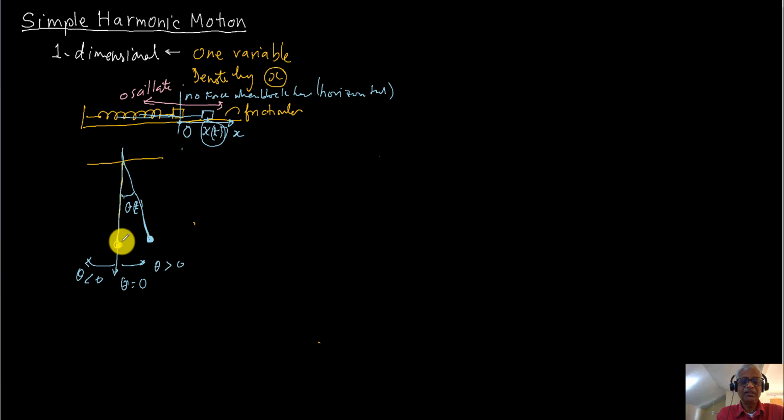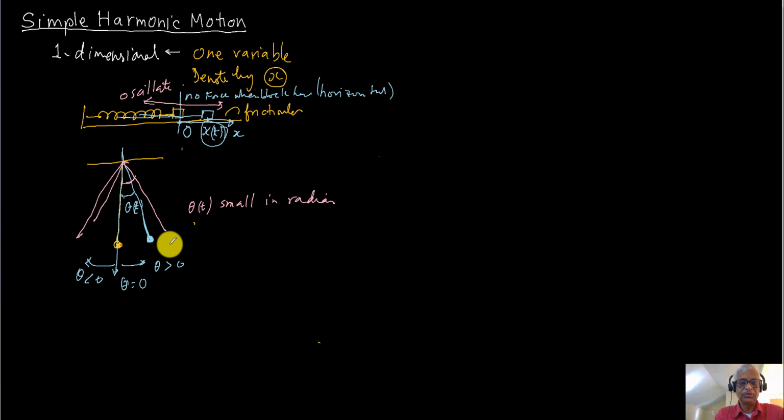If this angle is not too great, if I limit myself to small angles and only swing within this range, say about 15 degrees or so, then I would be good up to about 2 decimal places. So approximately, we say theta is small, and in radians.